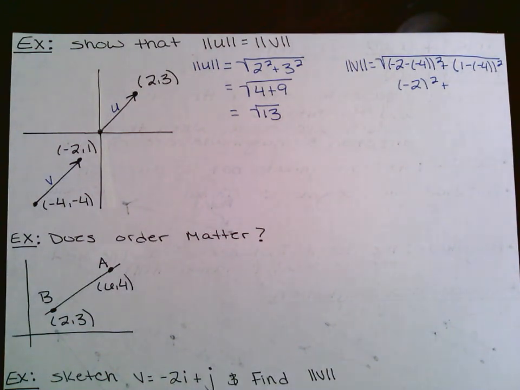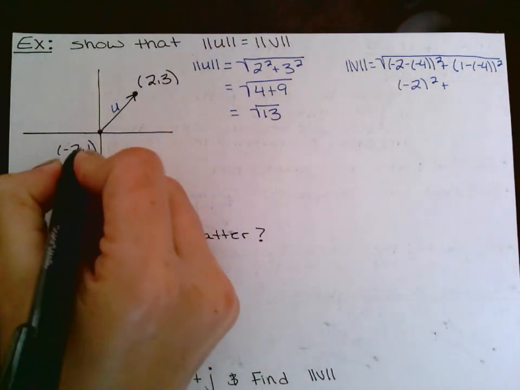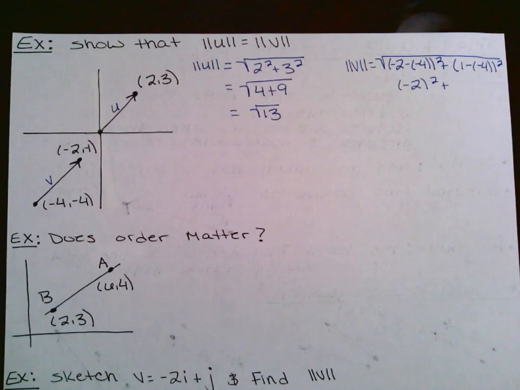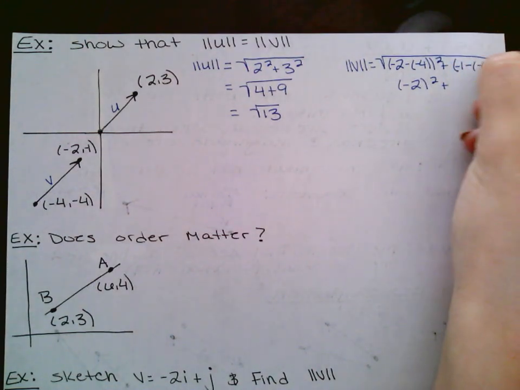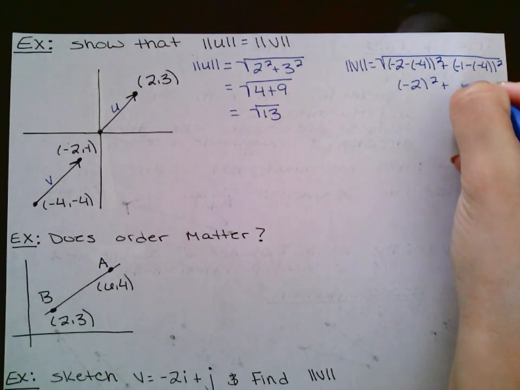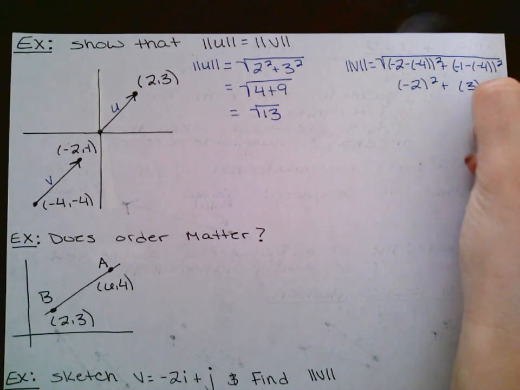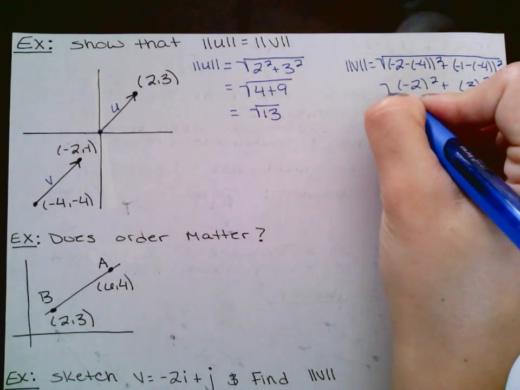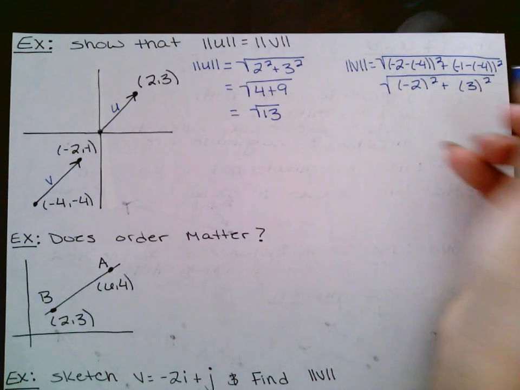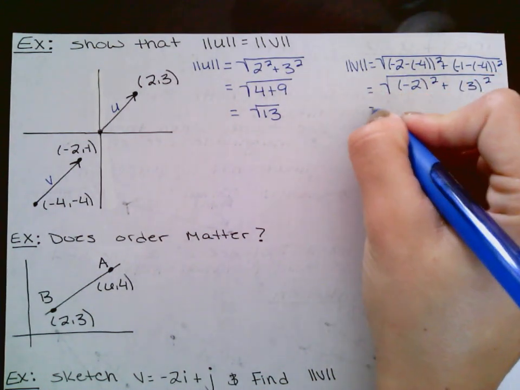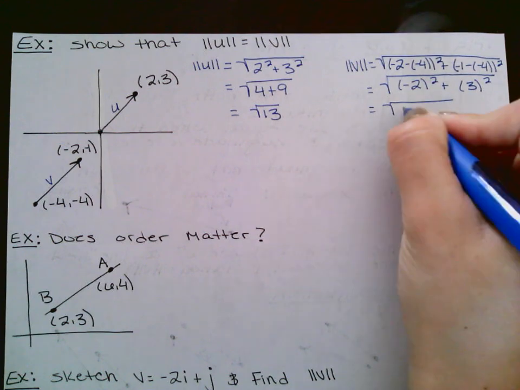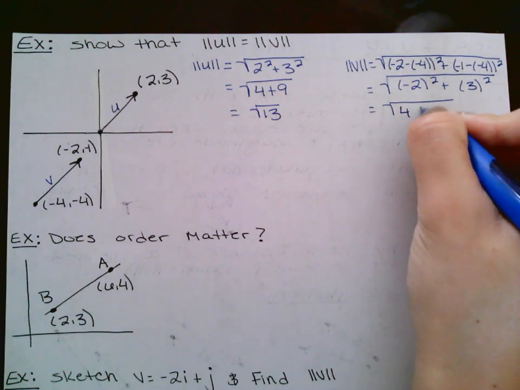I apologize, this should be a -1 over here, which would make this one also a negative 1. So negative 1 plus 4 gives me a 3 squared. We keep our square root. So now I have the square root of 4 plus 9.